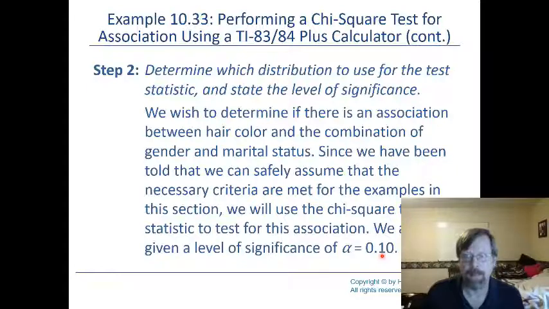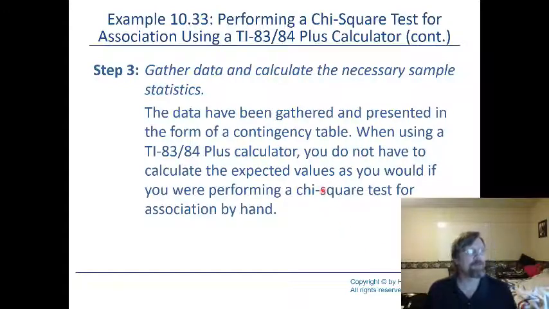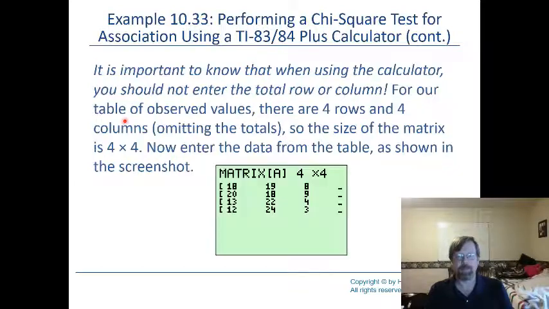Okay, data have been gathered and presented as a contingency table. When we're using the calculator for this, we do not need to calculate the expected values like we would by hand. We start by inputting these as a matrix. We give it the number of rows and number of columns, so it's 4 by 4. Input our data.